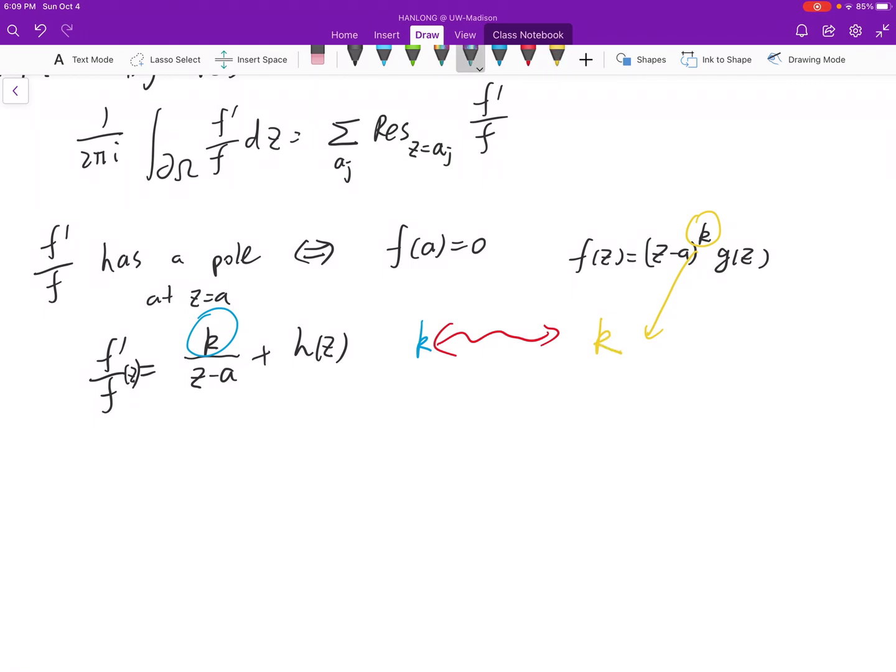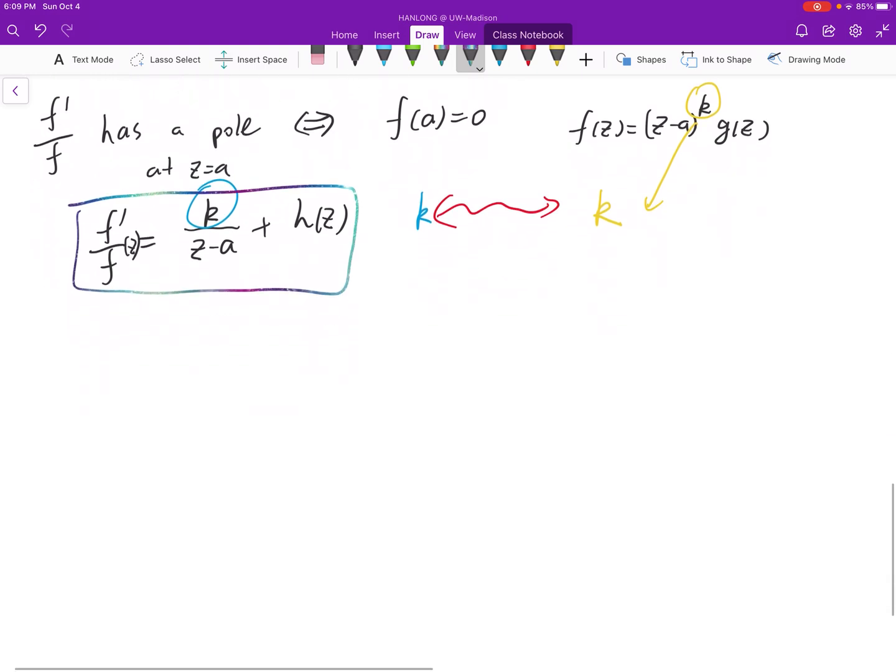So by this expansion we know the residue at z equals a of f prime over f is k, which is exactly the number of zeros at the point a.